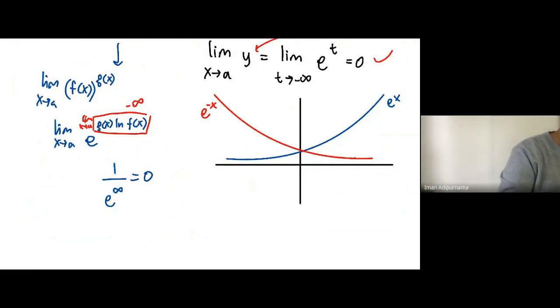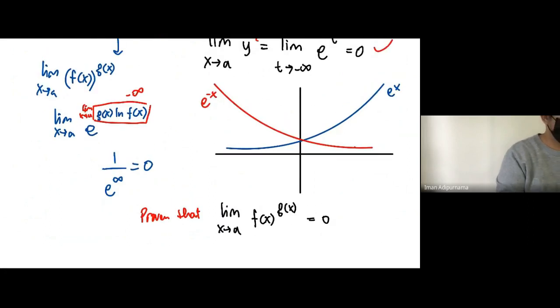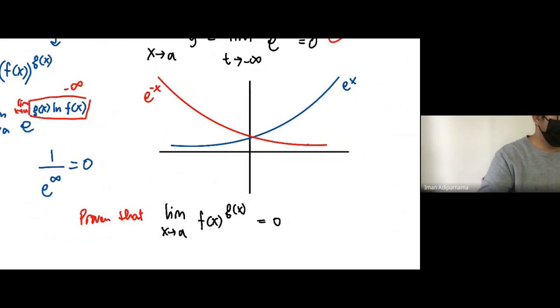So proven, the limit as x approaching a is 0. So when you have what seems to be an indeterminate form like this one, we can prove that it is actually going to have a 0 result.